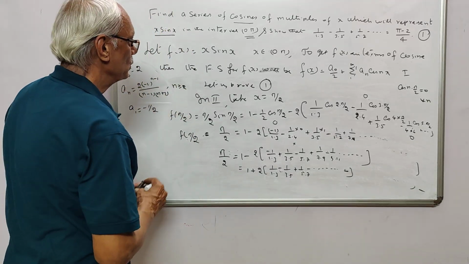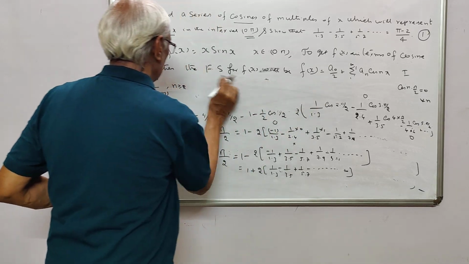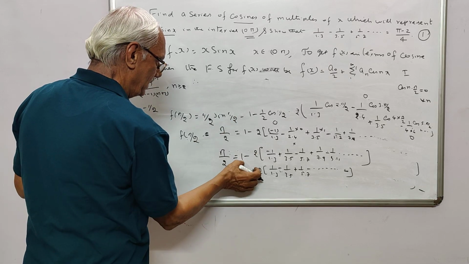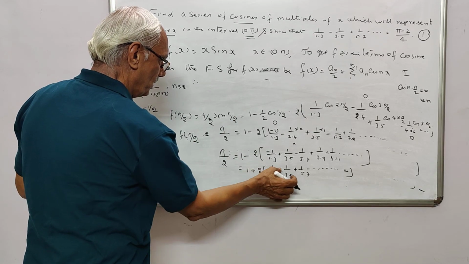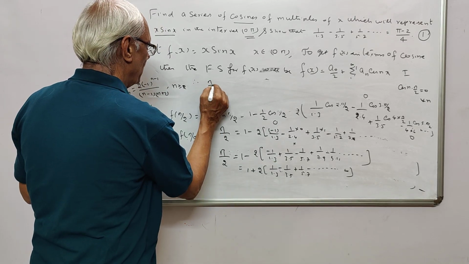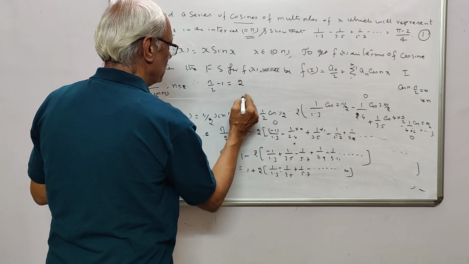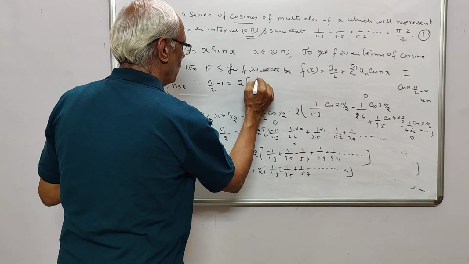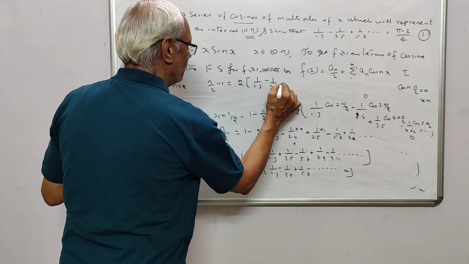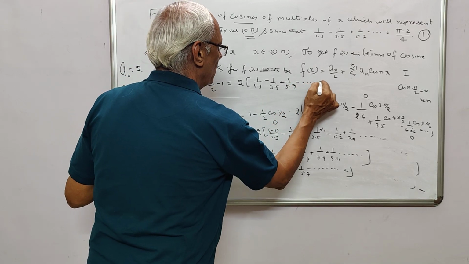So you bring this one to the other side. Pi by 2 minus 1 is equal to 2 into 1 by 1 into 3 minus 1 by 3 into 5 plus 1 by 5 into 7 minus dot dot dot up to infinity.